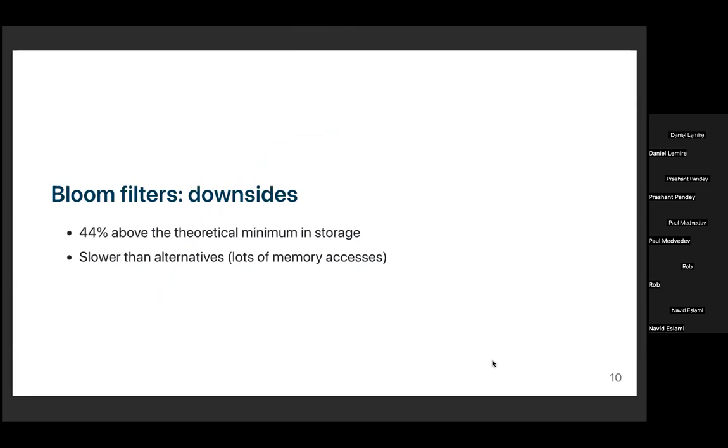So the Bloom filters are pretty good there, but they do have some downsides, right? The 44% above the theoretical minimum is not entirely great, but of course that depends on your specific application. AMD just came out with processors with over 1 gigabyte of cache, so in some cases, using a little bit more memory may not matter that much.